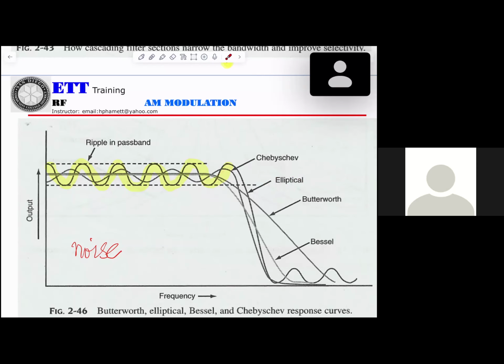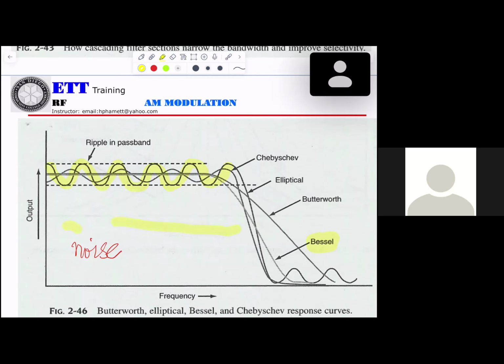Right? Too much noise. Okay, so on this one, the best will be Bessel. First thing, it has no noise, right? And also it is very close to the bandpass here.